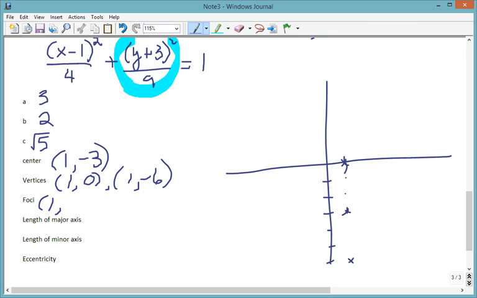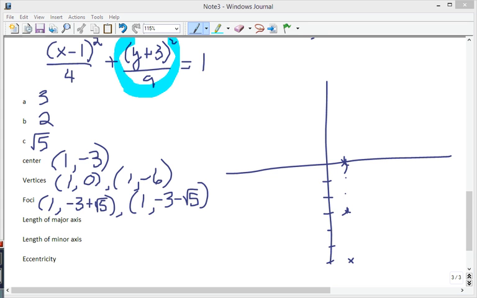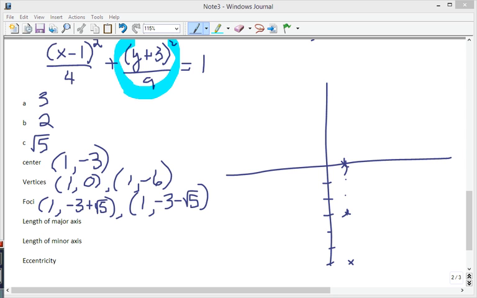So I'm going to go over 1, -3 plus square root of 5, and over 1, -3 minus square root of 5. So when you've been shifted and you have something that's not a whole number, you still give the exact number by just taking that point that was at your new center and adding the c and subtracting the c. Okay, whatever that point was.